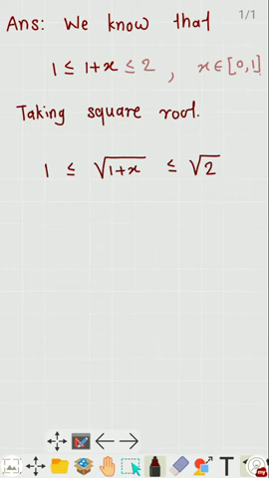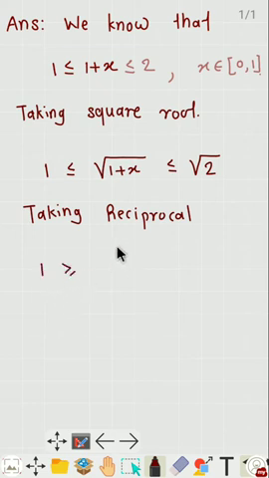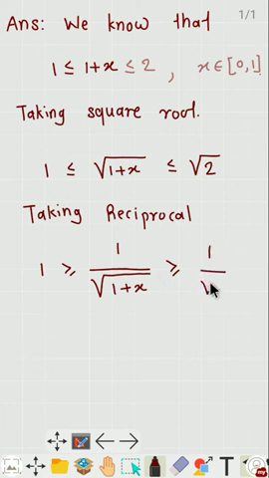Now let us take a reciprocal. If I take a reciprocal, then the inequality will get changed. So here 1 is greater than or equal to 1 upon square root of 1 plus x, and that is greater than or equal to 1 upon square root 2.